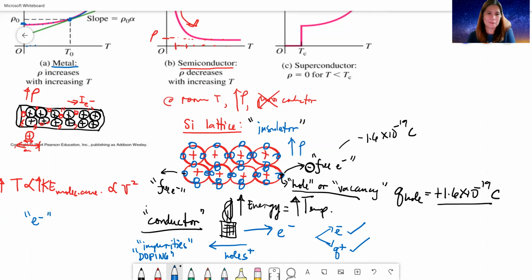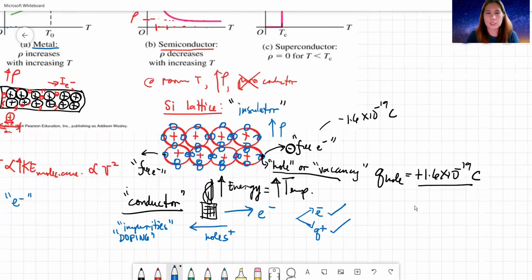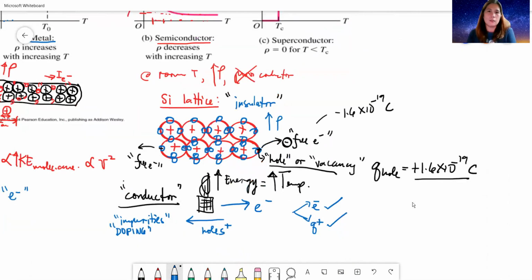So in the societal meaning of doping, di ba, it's like abusing prohibited drugs, di ba? Dope. So sa electronics, parang ganun din. Impurities, instead of abused drugs, these are actually other elements, no? So say for example, boron or phosphorus.